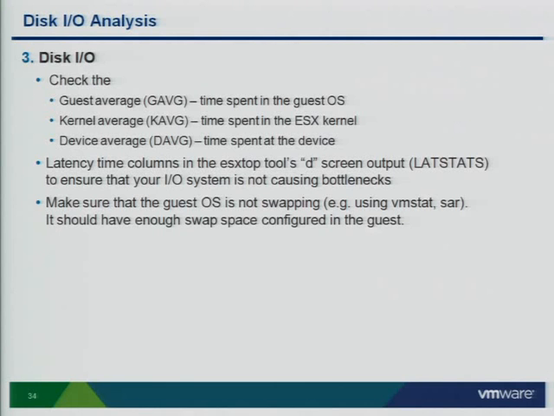Check your disk latencies. The D average, G average, and K average are the device latency, the kernel latency, ESX latency. That should be 0 or very close. And the guest average, the amount of time being spent inside the guest OS on any one disk I/O.